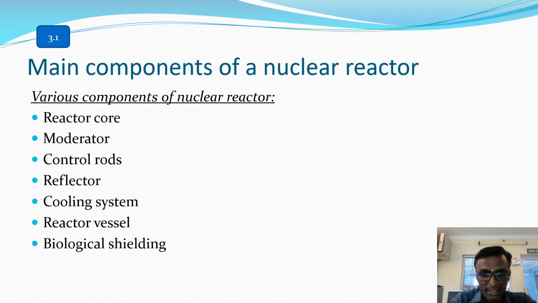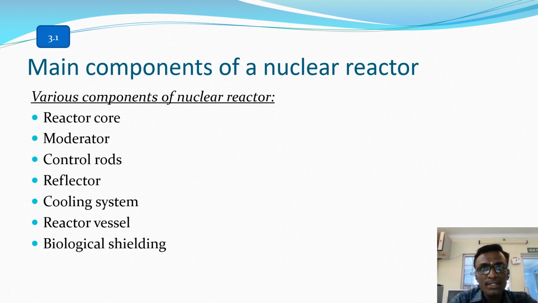So we have to choose the reflector in such a way that no neutron should escape from the inner core of the power plant, and we have the cooling system to reduce the internal core temperature of the power plant, and we have the reactor vessel to withstand the entire pressure and temperature during the course of the reaction, and we have the biological shielding.